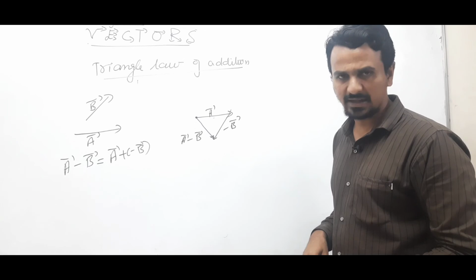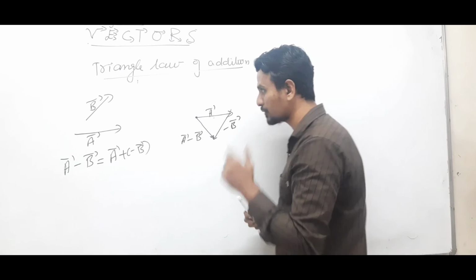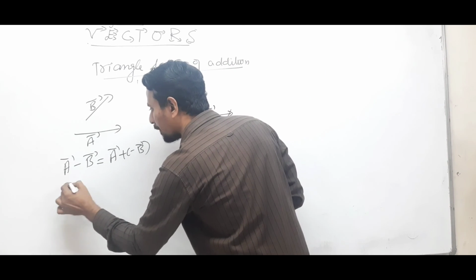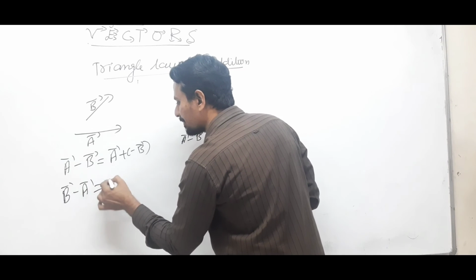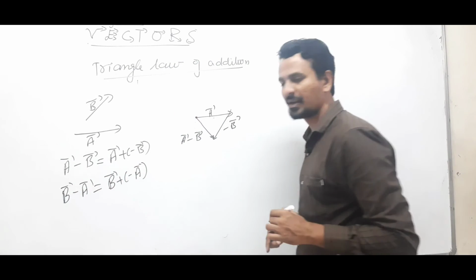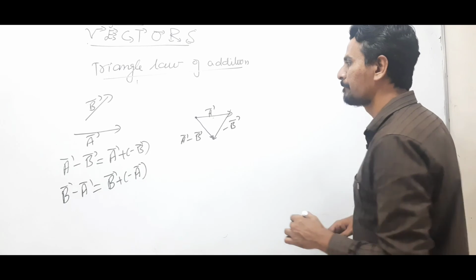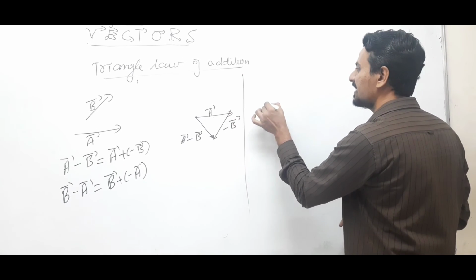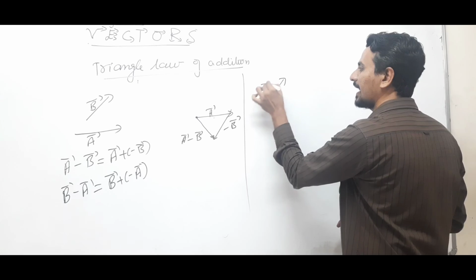Clear? Okay, now if you are told to find B minus A for the same question, once again B minus A can be written as B plus minus A. Now B is your first vector, draw it as it is.